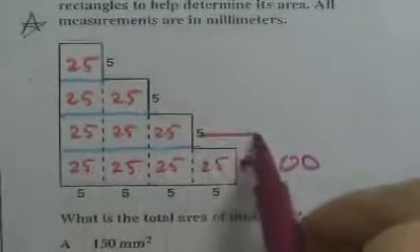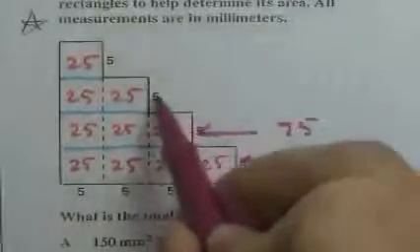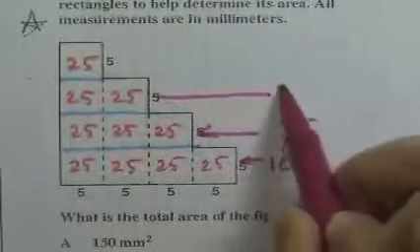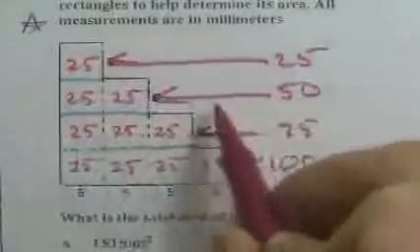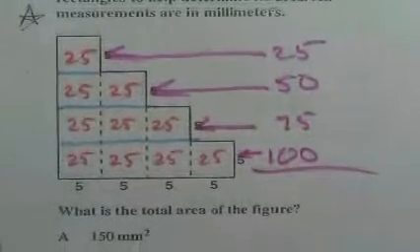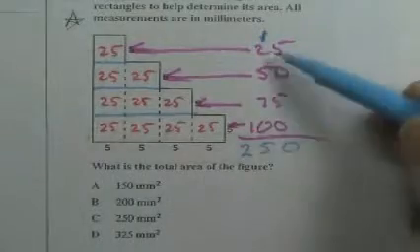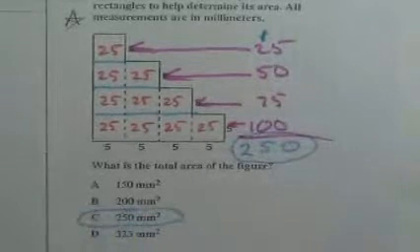And on this row right here, that's 75. And on this row right here, that's 50. And on the other row, that's 25. So I just add all these up, total it, and that's my total area. That totals up to 250. So letter C is the correct answer.